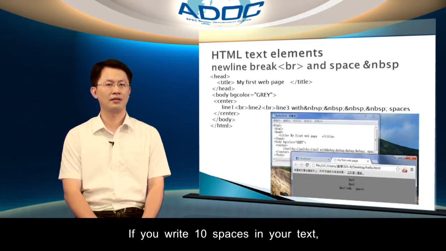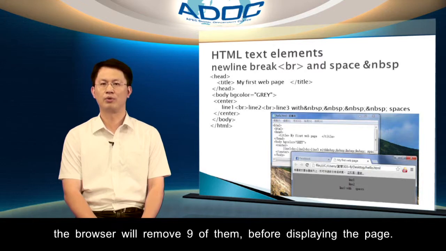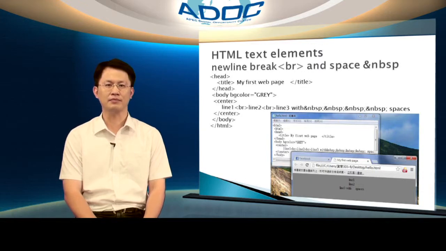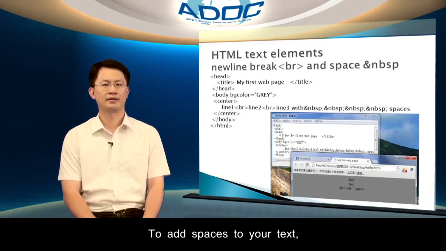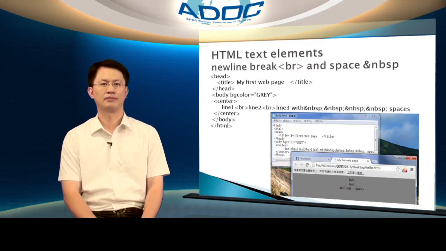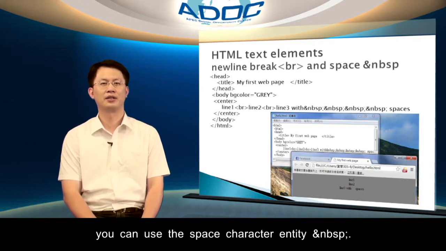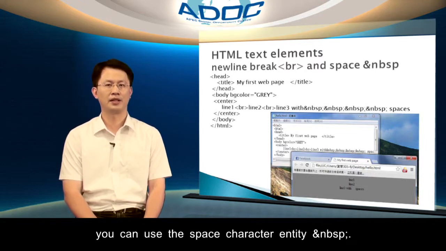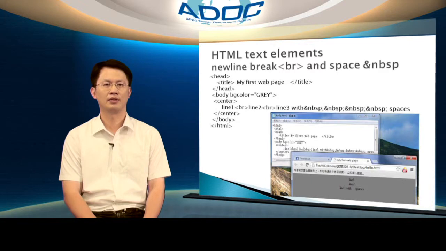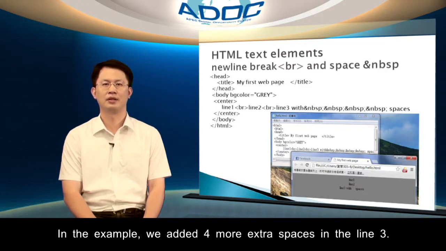If you write 10 spaces in your text, the browser will remove 9 of them before displaying the page. To add spaces to your text, you can use the space character entity, NBSP. In the examples, we added 4 extra spaces in line 3.